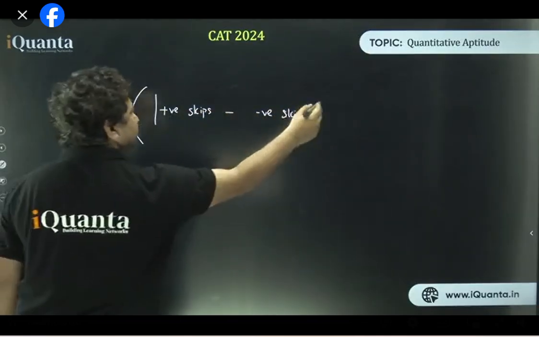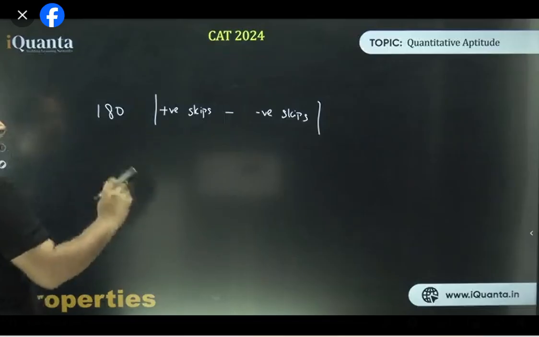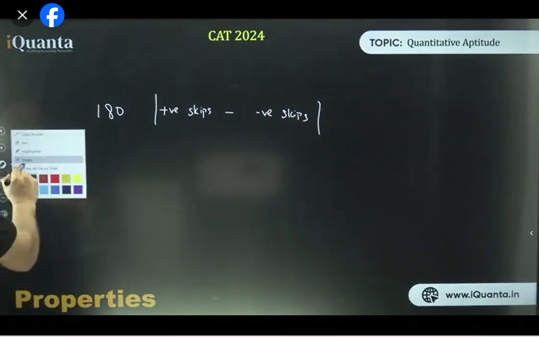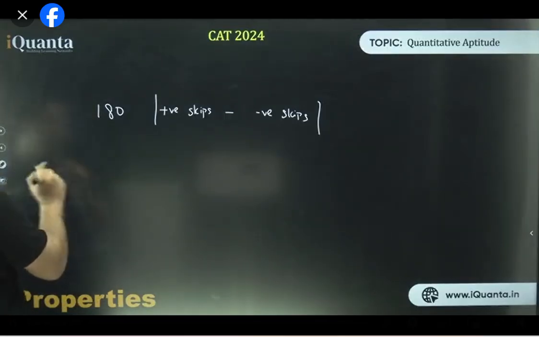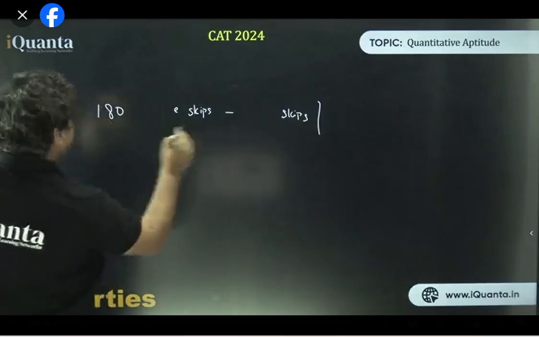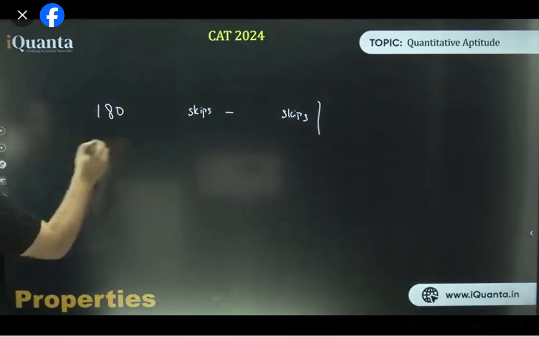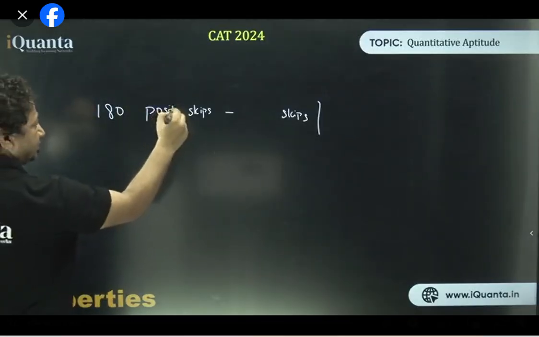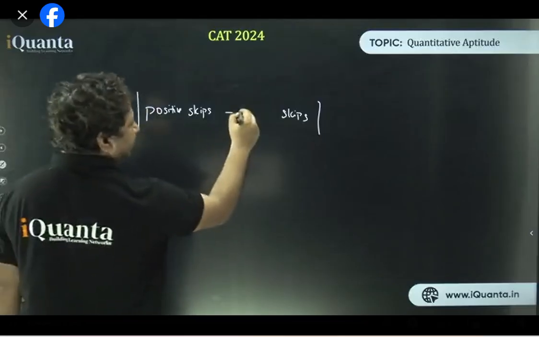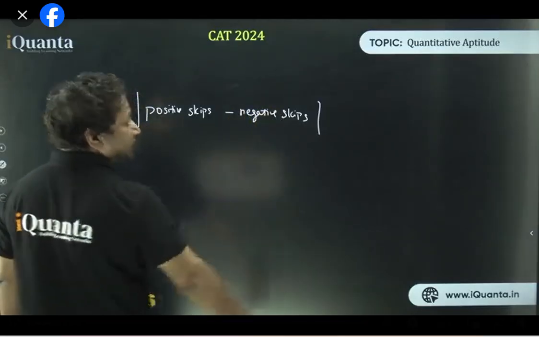That is the answer. Always. To make it look more understandable, I'll write the entire value. Positive, mod, negative, skips.